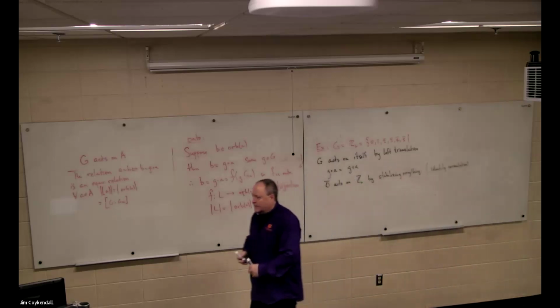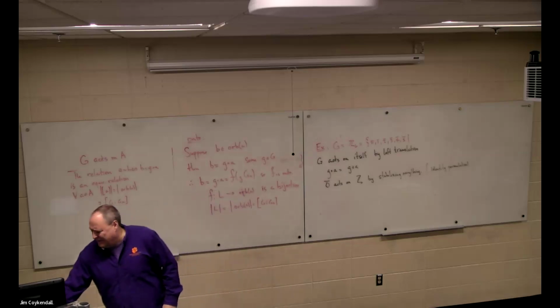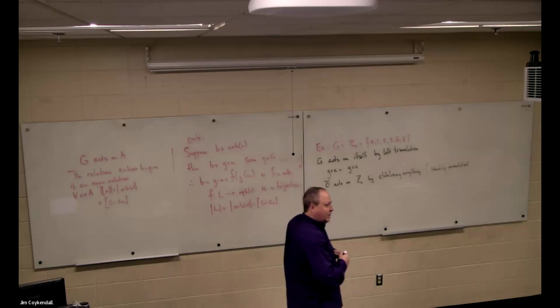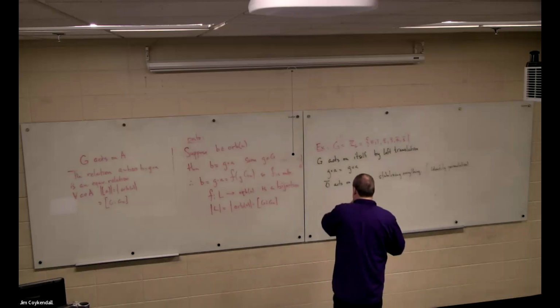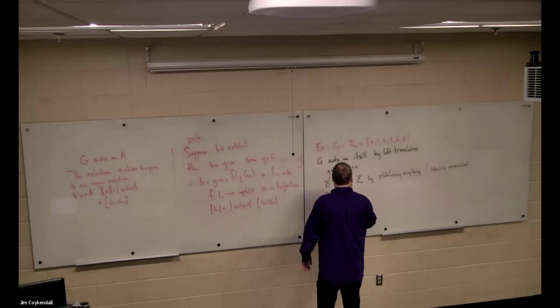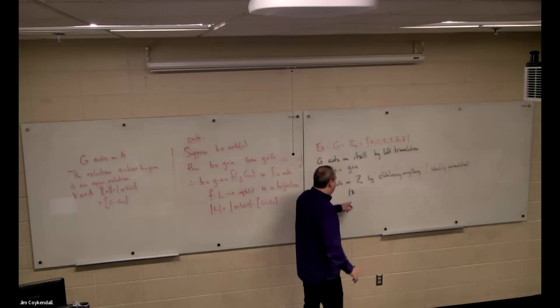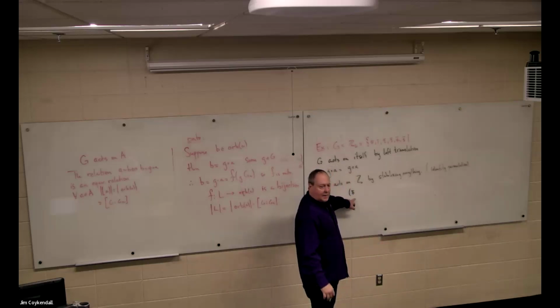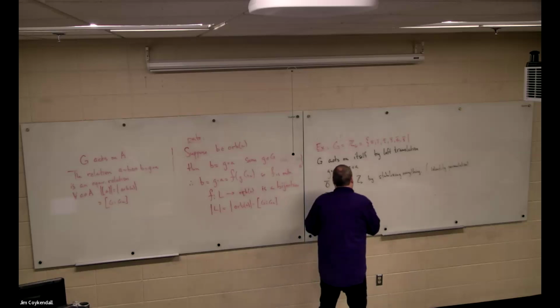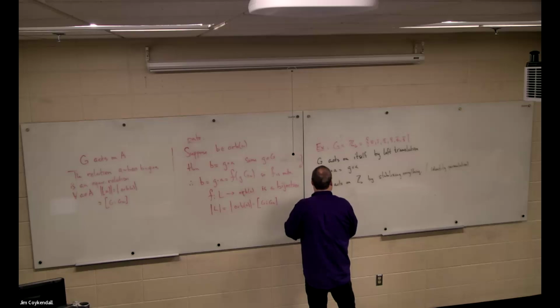That right there is very instructive, right? I mean, 0 adds to any of those things, it leaves it alone. 1 does something interesting. What happens with 1? Let's see what happens. What happens when I add 1 to 0 bar? What do I get?